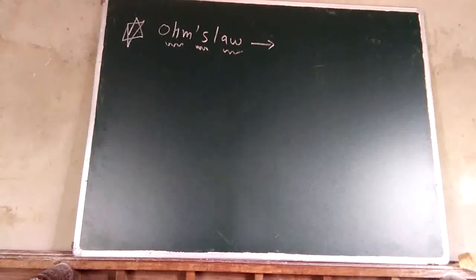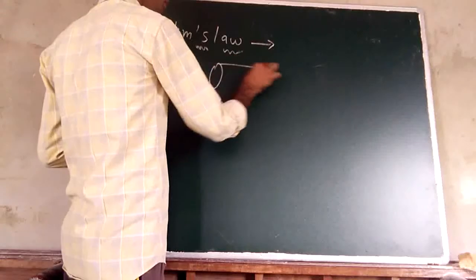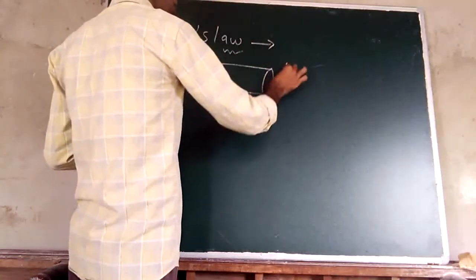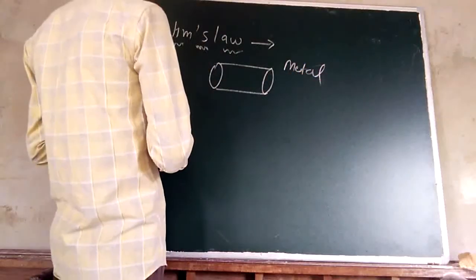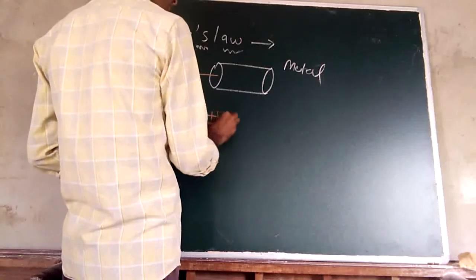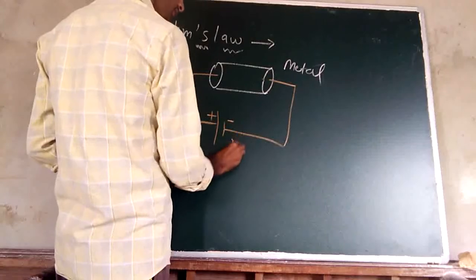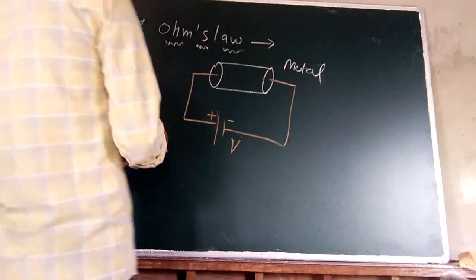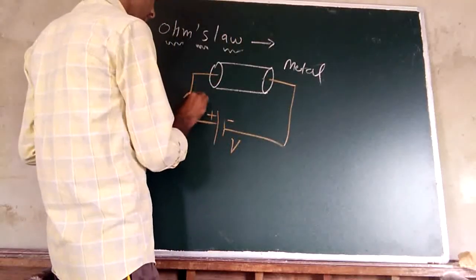So now I take a conductor. This is the piece of conductor. Conductor means I take a metal piece, and if I connect this piece of metal with a battery of voltage V, then first we learn about current.